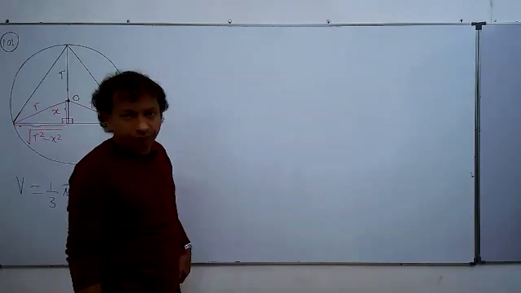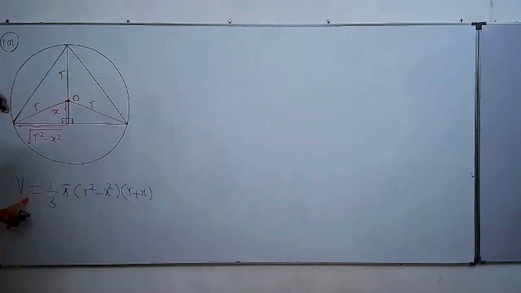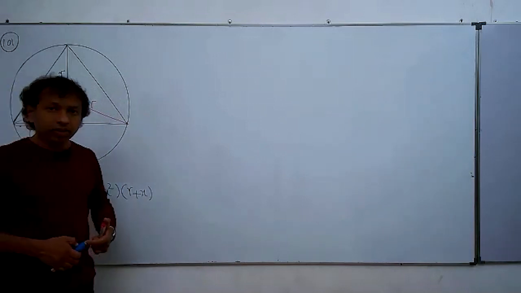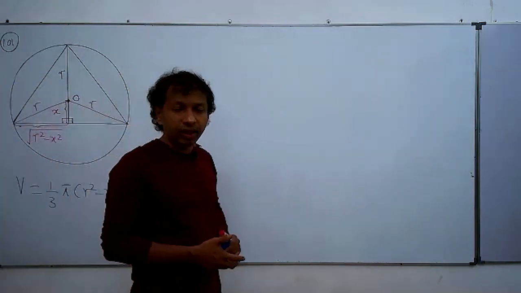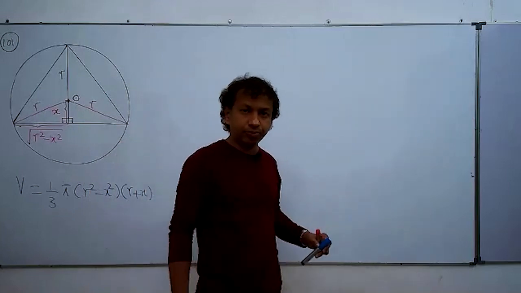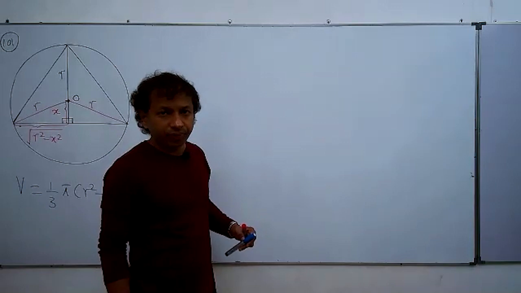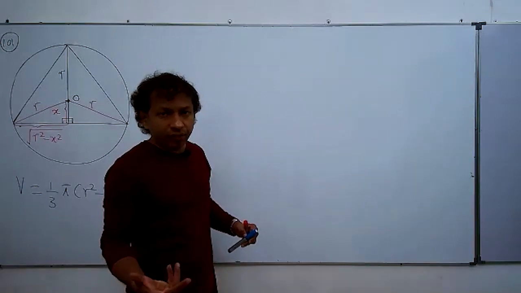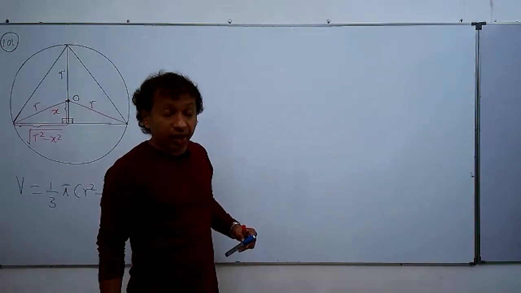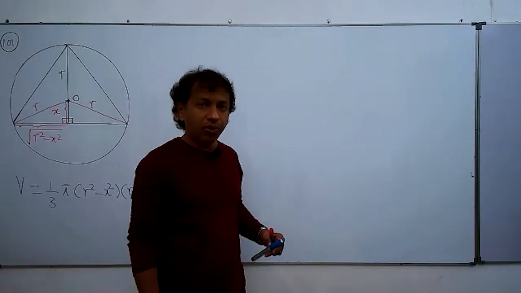What do we do? We differentiate this V with respect to x and we find dV by dx. And when V is maximum or minimum, dV by dx becomes 0. Then equate that dV by dx to 0 and find x. Then using either the first derivative test or second derivative test, at that value of x, show V is maximum.